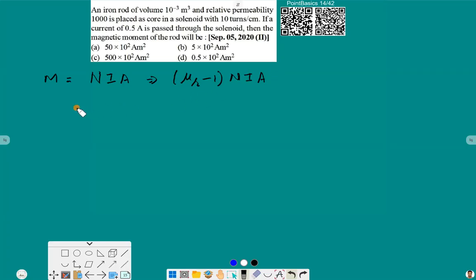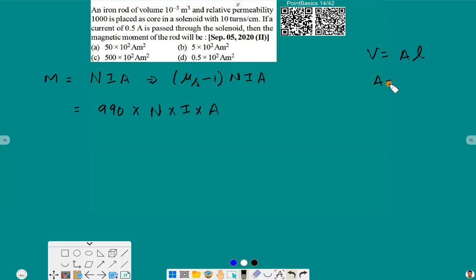So it will be 1000 minus 1, that will be 999, into N into I into A. Now here we don't have the value of A, so we have to substitute A in the form of volume, and we know that volume is given by area into length.